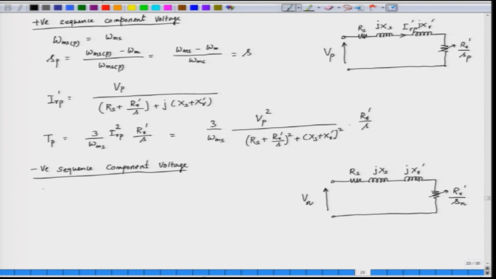Now, what is the synchronous speed of the negative sequence voltage? The negative sequence rotates in the opposite direction to that of the positive sequence field.